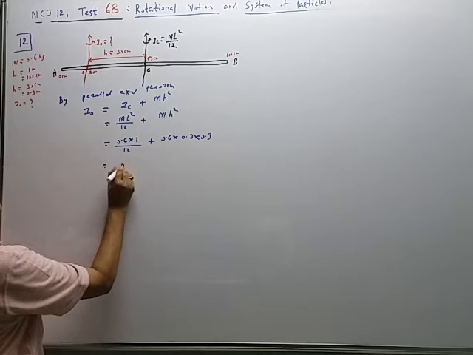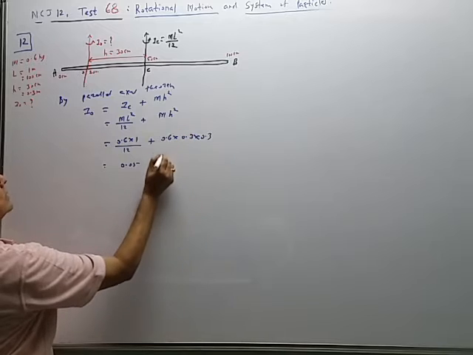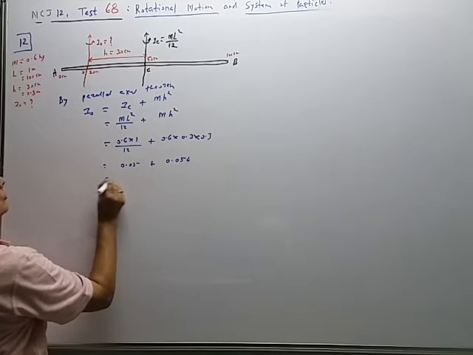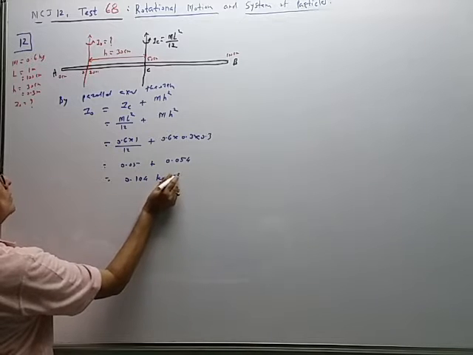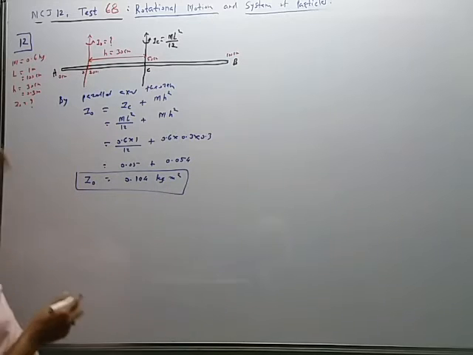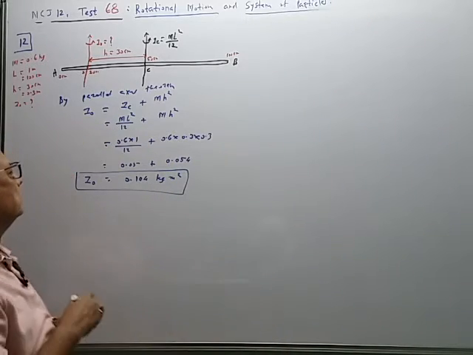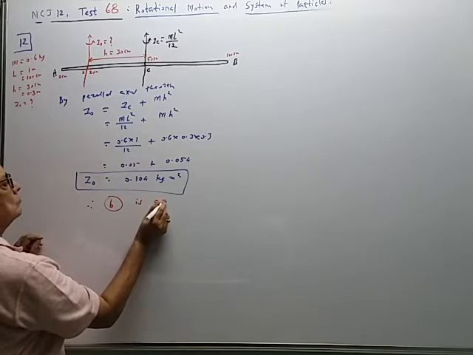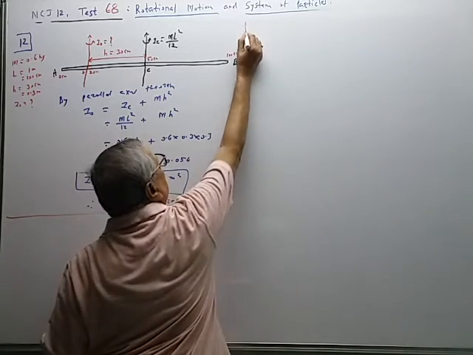So this is equal to 0.05 plus, 3 into 3 is 9, 9 into 6 is 54, so 0.054. So the answer is 0.104 kg meter square. This is the required value of the moment of inertia. 0.104. So the correct choice is B. Therefore B is correct.